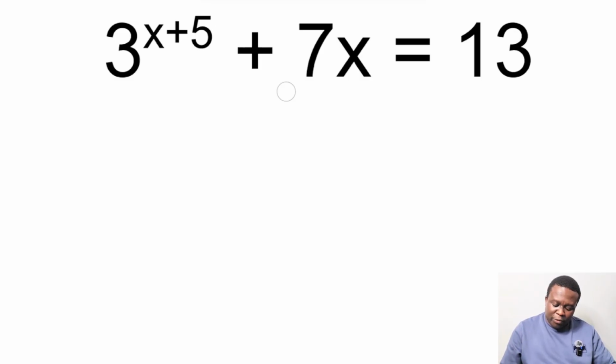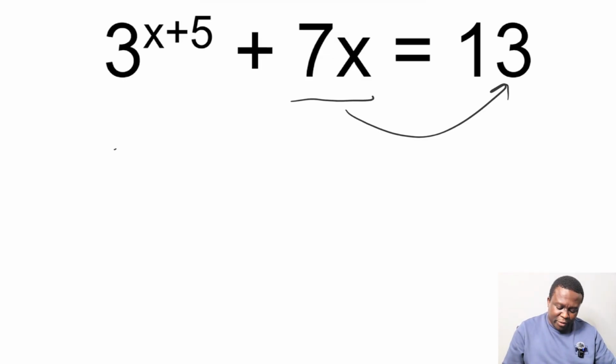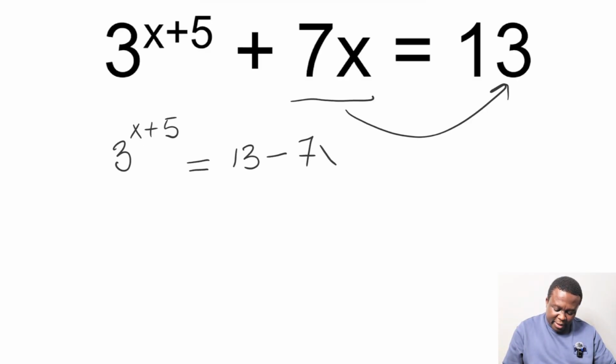All right, so from our question, we're going to move plus 7x to the right-hand side. So we have 3 raised to the power x plus 5 equals 13 minus 7x. Okay, so let's break this up because we know that a raised to the power m times a raised to the power n is equal to a raised to the power m plus n.